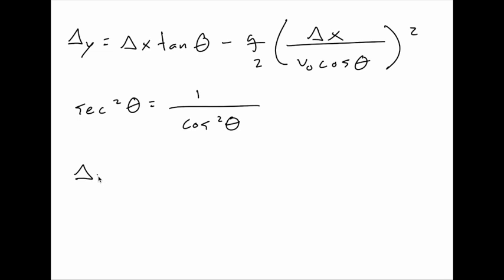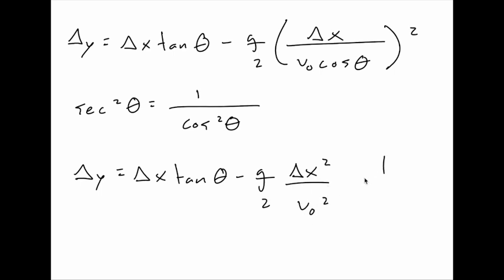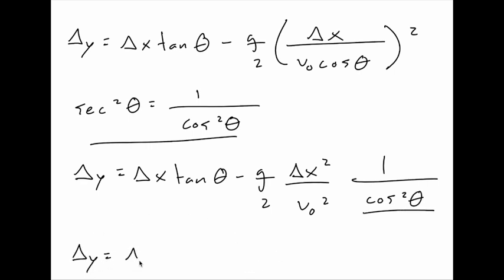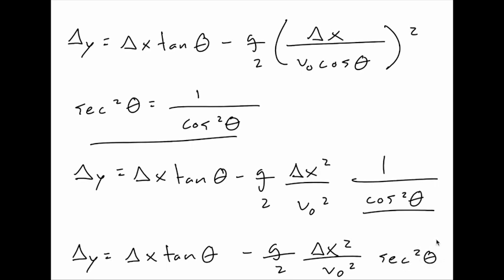So then, if we mess around with the numbers a little bit, first off, we recognize that g over 2 times delta x squared over V naught squared times 1 over cosine squared theta, okay? Right? So then you have delta y equals delta x tangent theta minus g over 2 delta x squared over V naught squared secant squared theta.